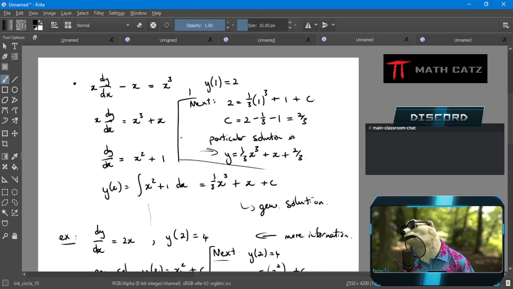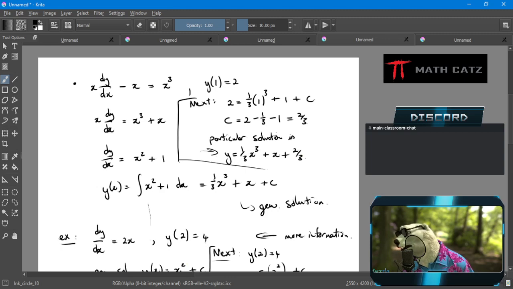So this is going to be the basic concept, even though we might make the differential equation a little bit more complicated. The idea of a general solution, particular solution, initial value problem, and all that remains the same.